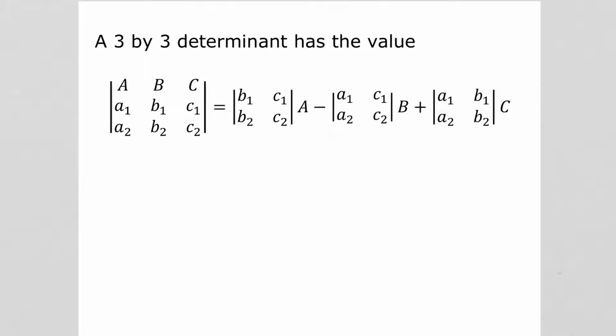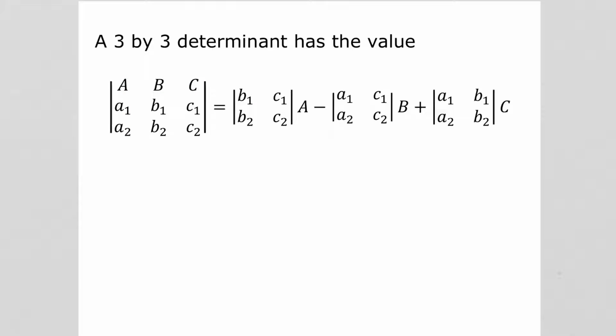Then here's how you make your determinant. Okay, so starting with A, we do this. A times the determinant made with B1, C1, and B2, C2. Hopefully you'll see what I'm talking about here.